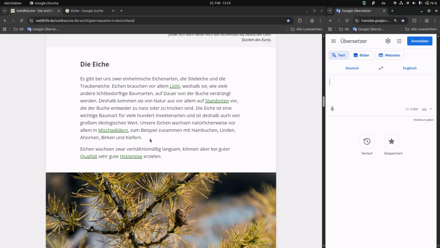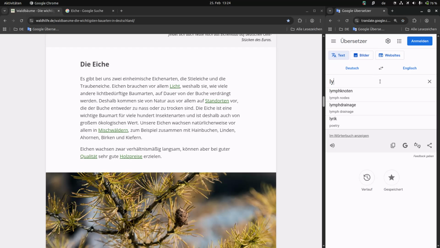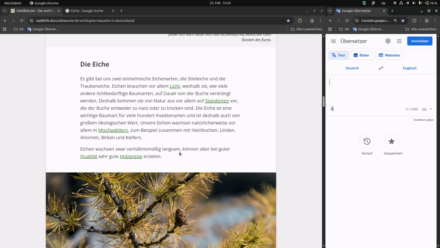And langsam, I think it's just some older suffix, like in English you would call it lee, like slowly or something. And so oaks do grow, indeed, relatively slowly, können aber bei guter Qualität sehr gute Holzpreise erzielen.